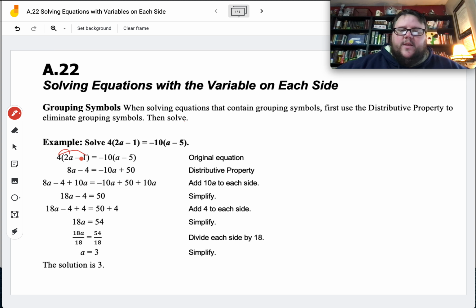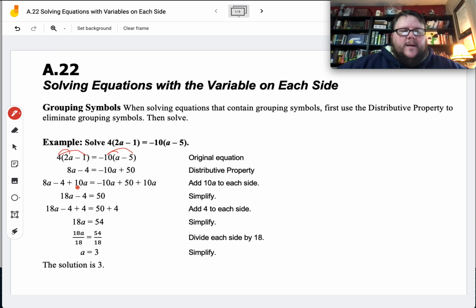So we've done the distributive property. We're past that. So we know that when we distribute, we remove the parentheses. We get 8a minus 4 equals, distribute the negative 10, so you get negative 10a, and then negative 10 times negative 5 becomes positive 50, so plus 50.